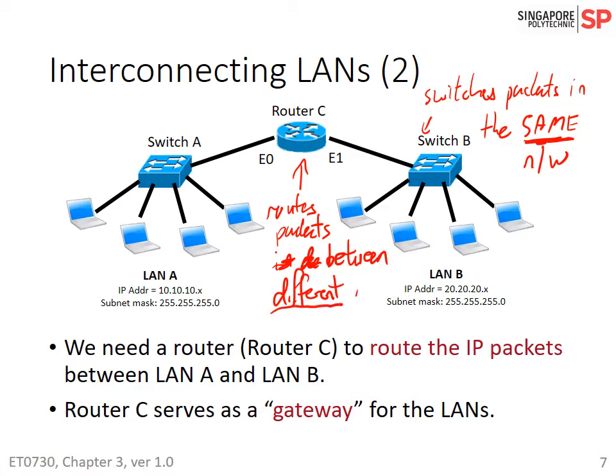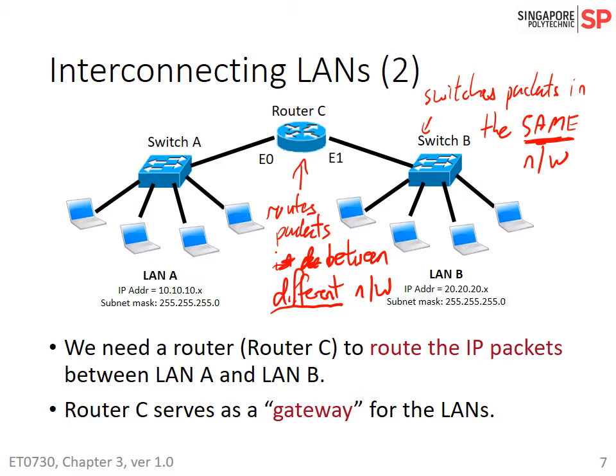The keyword is different networks. So all these PCs are in the same network, they can talk to each other because the switch switches packets to each other. And if you want PCs in different networks to talk to each other, you need to use a router because a router helps to route packets between different networks. So a router connects different networks together.